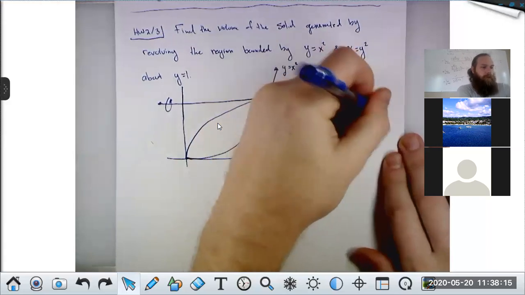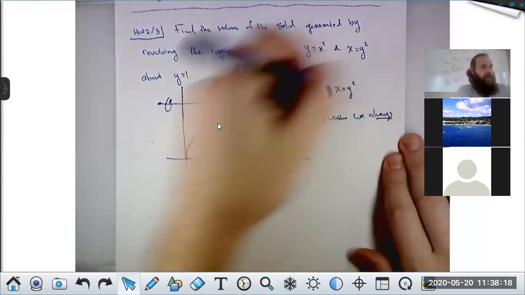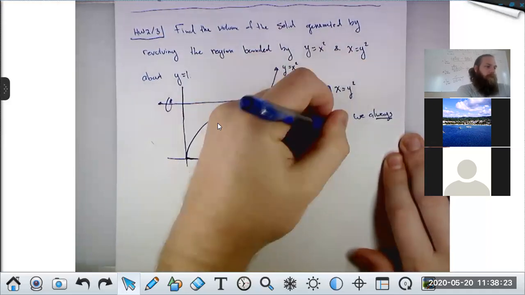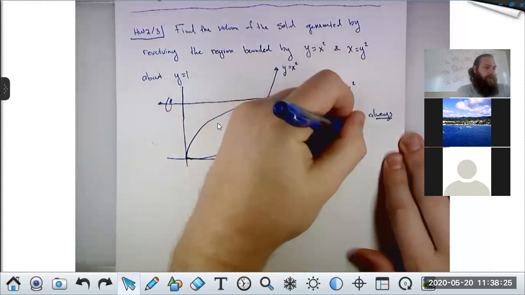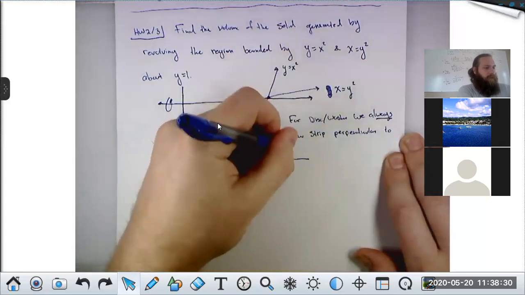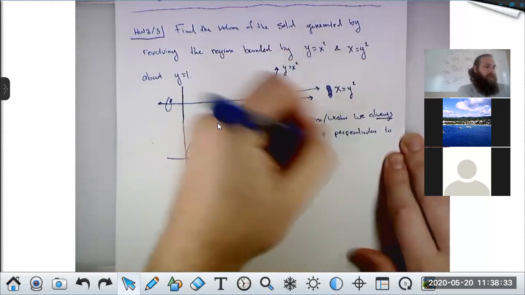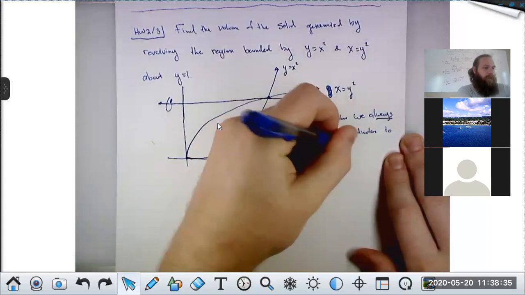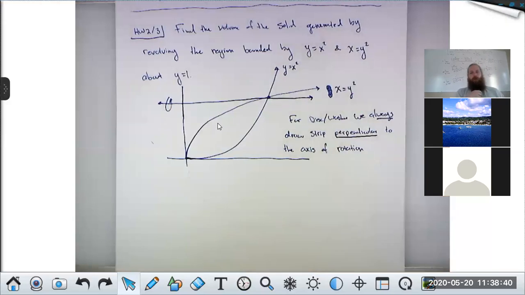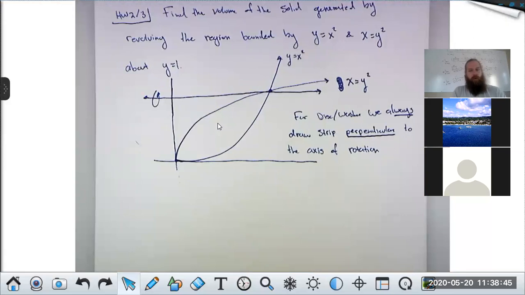We always draw the strip perpendicular to the axis of rotation. This is one way to characterize the method we're using: your differential thickness strip is drawn perpendicular to the axis of rotation.